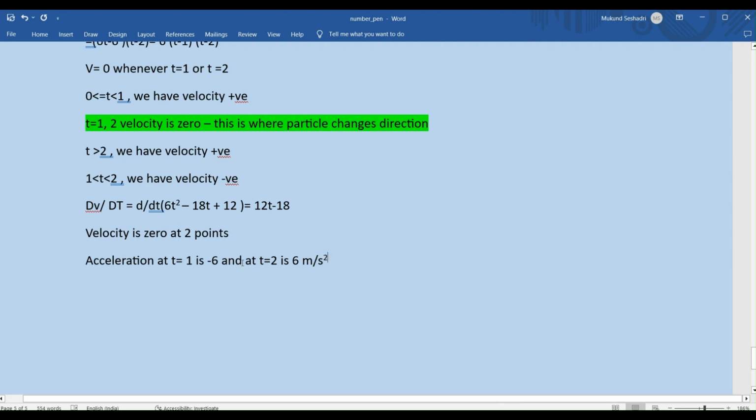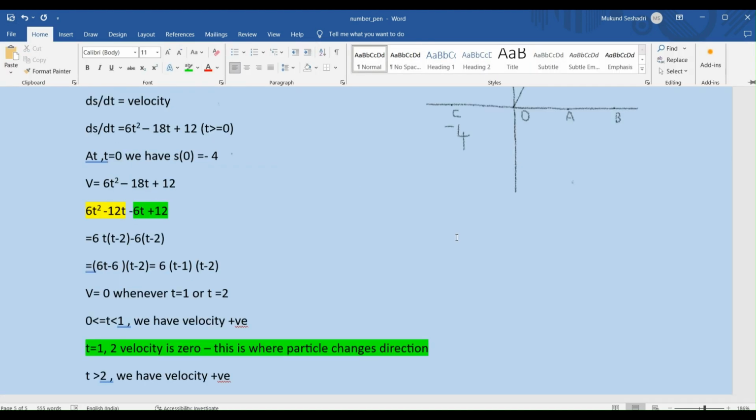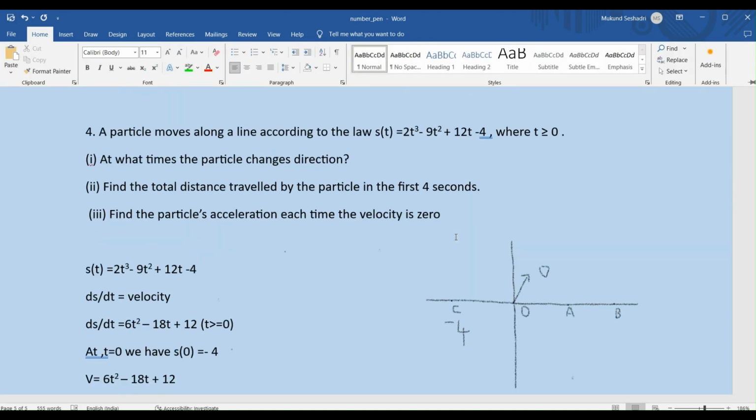Let me copy this. So we have the answer for part 3 as well. Let me highlight this as well, and let's move on to the second part of the question.